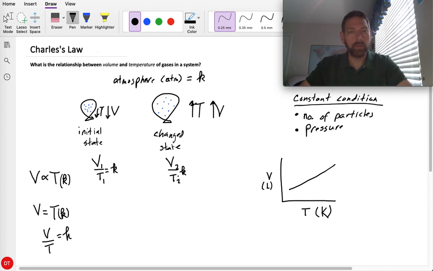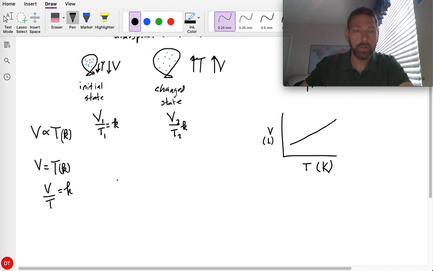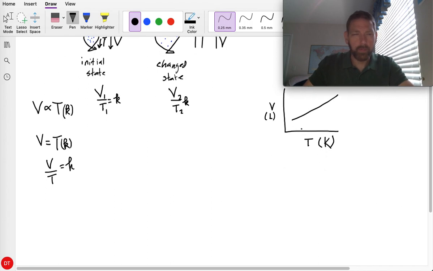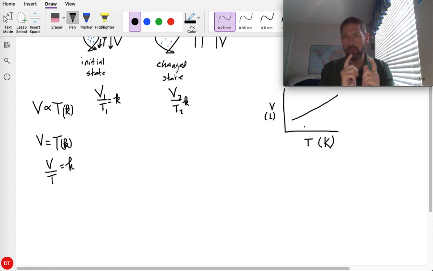And so you can see that if the particles stay the same, and that's basically going to be true for all of these things, when we change the number of particles, that gets into another law. We'll talk about that later. Particles are the same, atmospheric pressure is the same. The only thing that is influencing back and forth is that change in temperature, which is affecting how much volume the gas is taking up.